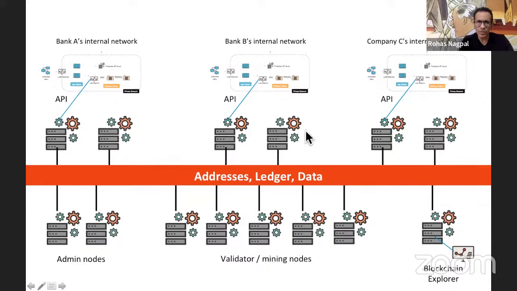Then what you see here, these images, they all represent nodes. A node is like a computer, a device, which is connected to a blockchain, which is a computer network. So in a very simple way, a blockchain is a computer network. Multiple nodes or computers, devices connect to it. And ideally, all of them are going to have the same data.